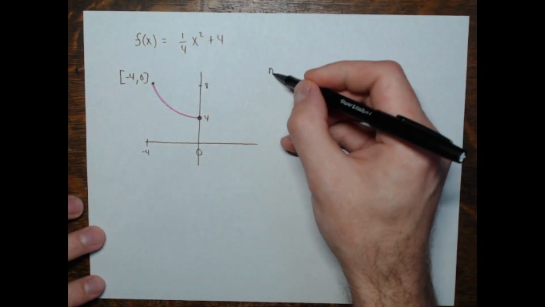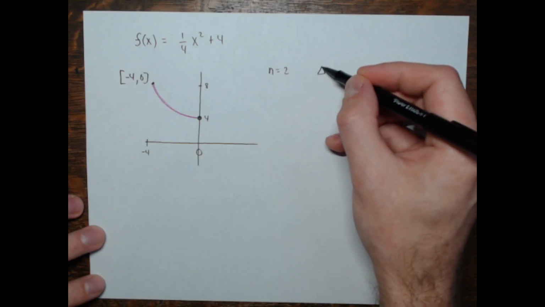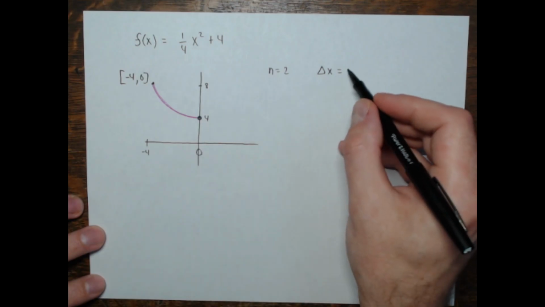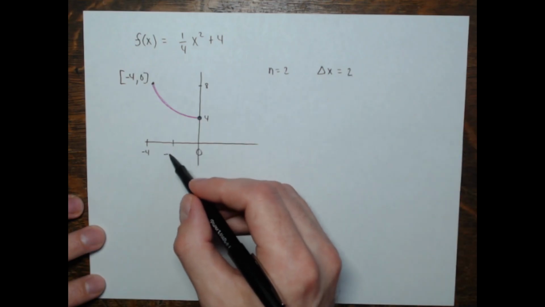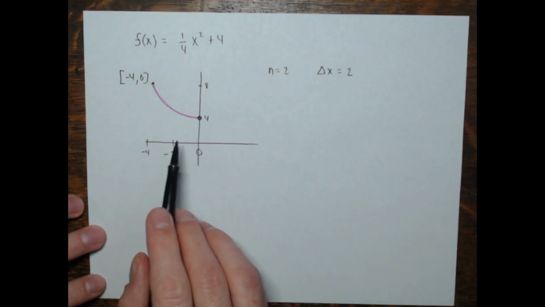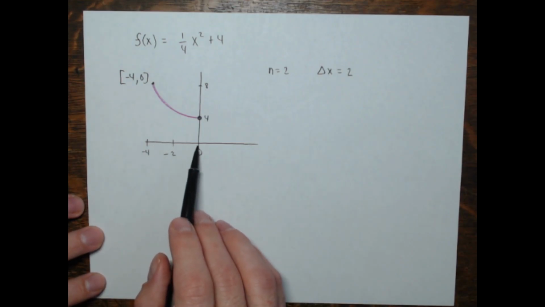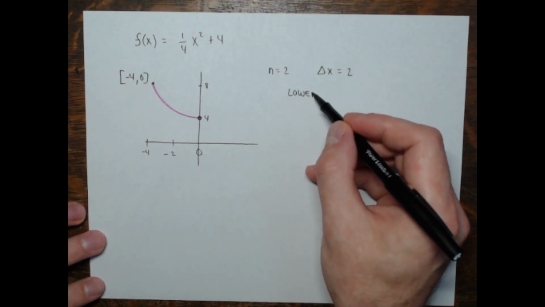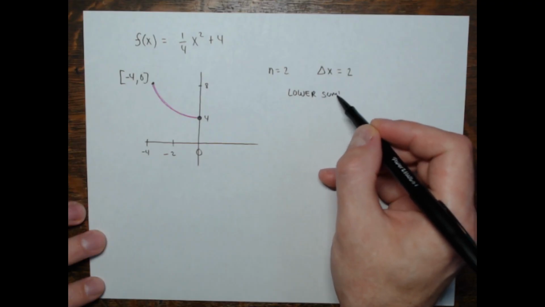Now they only wanted 2 rectangles, right? So delta x, again, the width of each would be 4 divided by 2, which is 2. So each of these pieces has a width of 2, from -4 to -2, and -2 to 0. And then they ask for the lower sum.